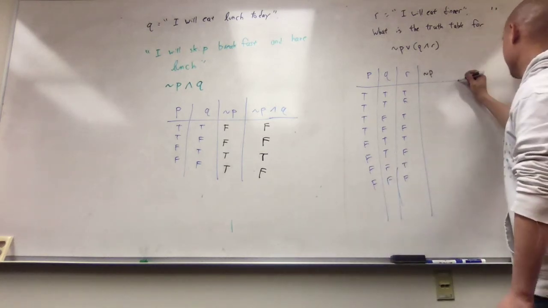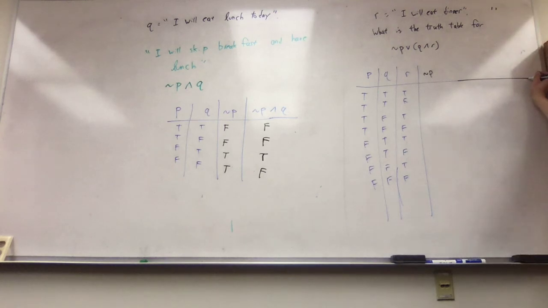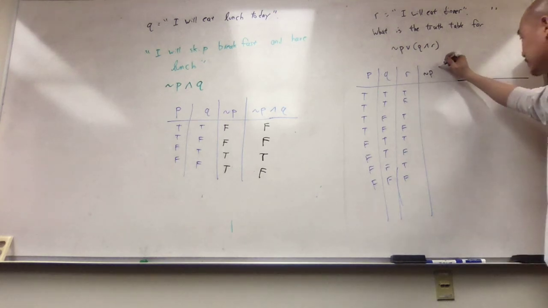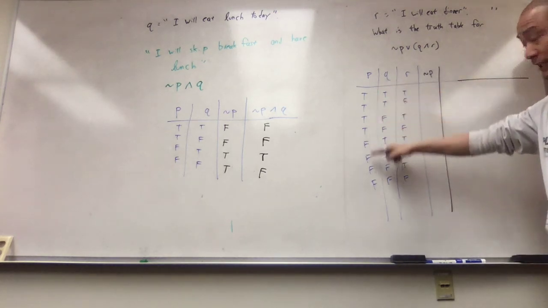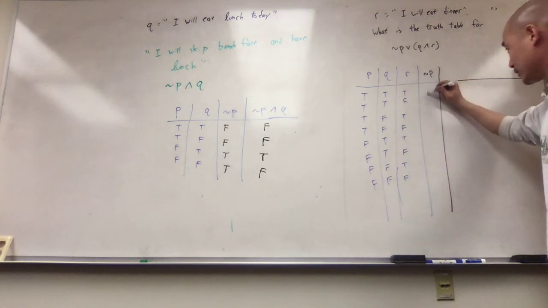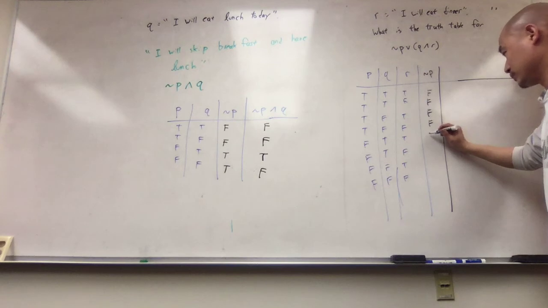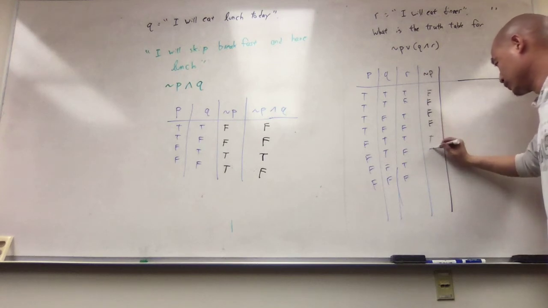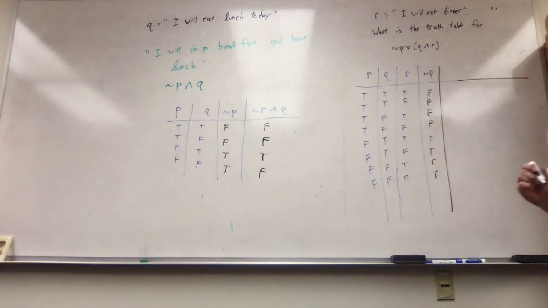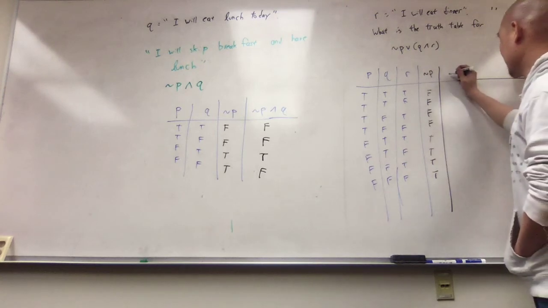Not P is going to be false and then true. Right? So false, false, false, false, true, true, true, true. All right.